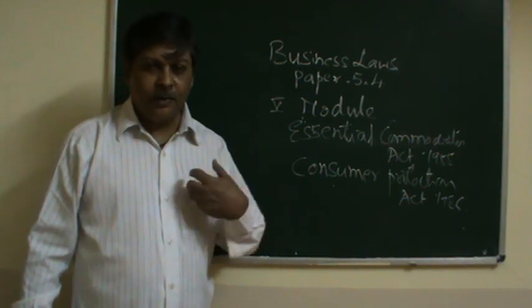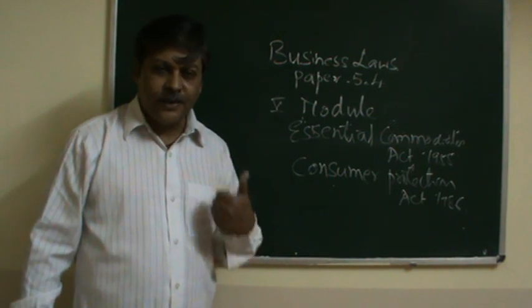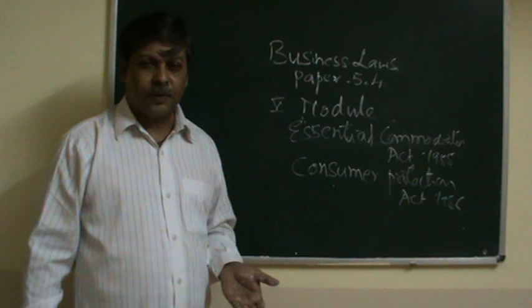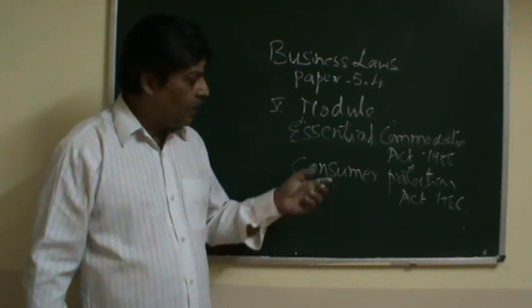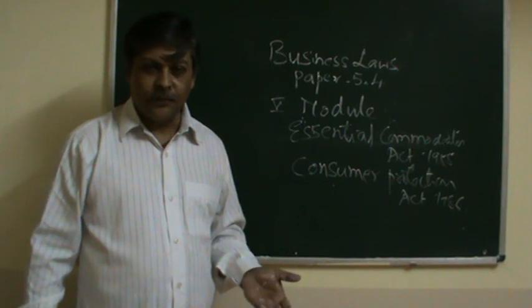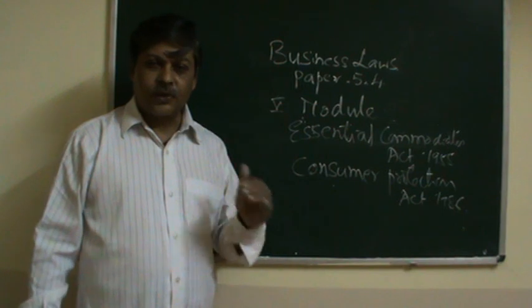Consumers are we people, those who consume the goods and services. So what rights does he have against those persons? Because for whatever goods or services you take, you are paying for them. So naturally you must have certain rights. So what are those rights?